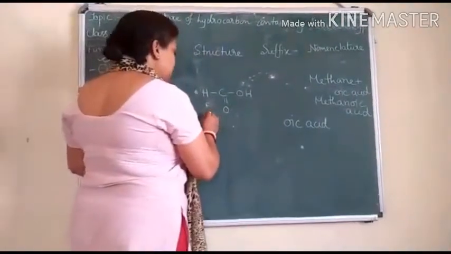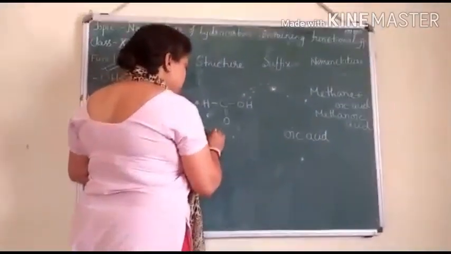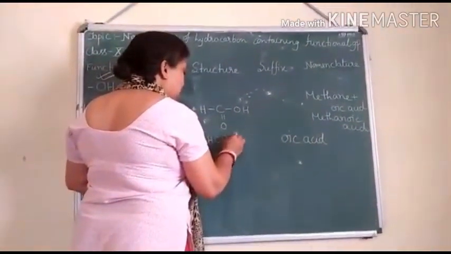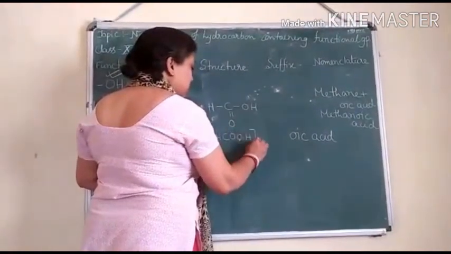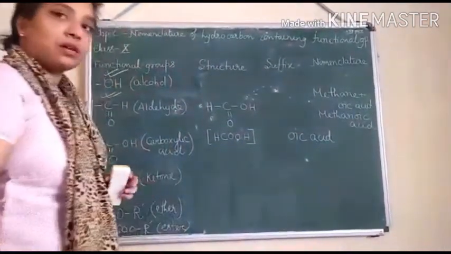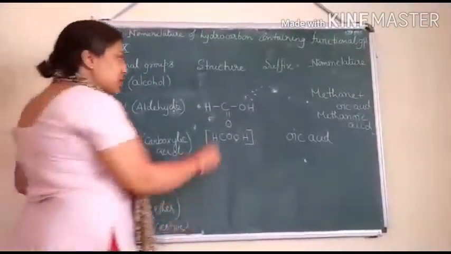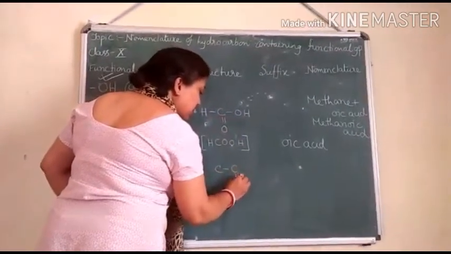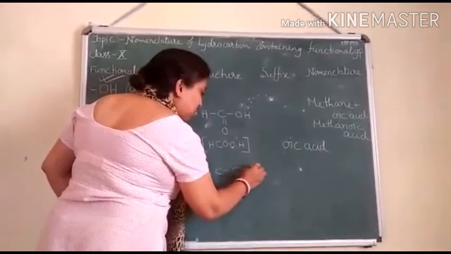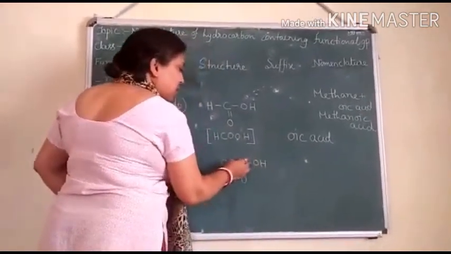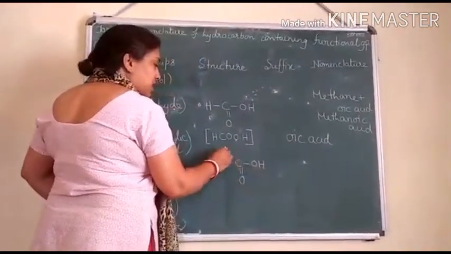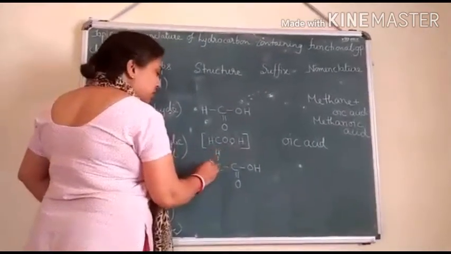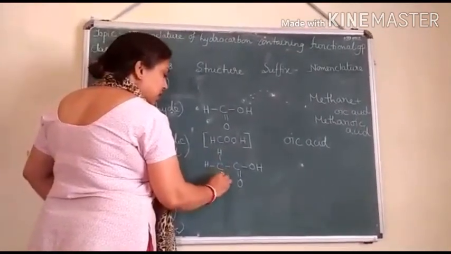Write the formula: HCOOH. This is the formula of methanoic acid. Second one, 2 carbon: C, COOH. This carbon's bonds are already satisfied. The other carbon will contain 3 hydrogen.